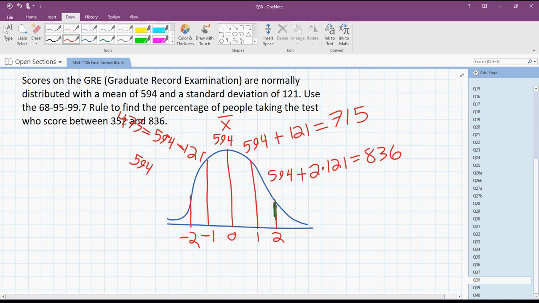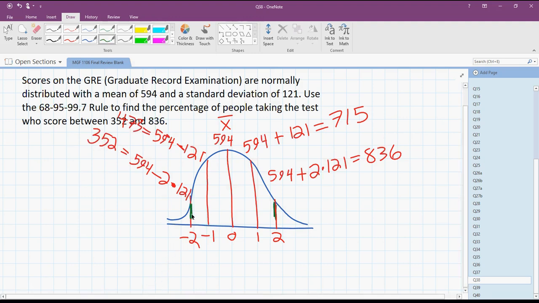Subtract what? 2 121s, because I am 2 standard deviations below. So what is 594 minus that? 352. So now I know where I need to be below.